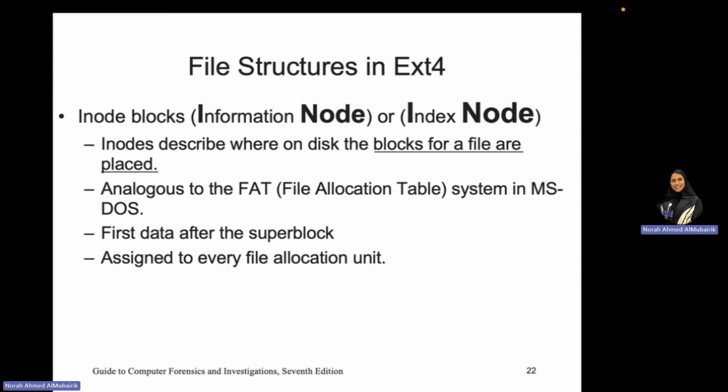It is the first data after the super block, because after the boot block and the super block, we have the inode block. It is the first data after the super block and is assigned to every file allocation unit. So any file, any folder, anything has an inode. Inode is kind of addressing. It has an address, okay?